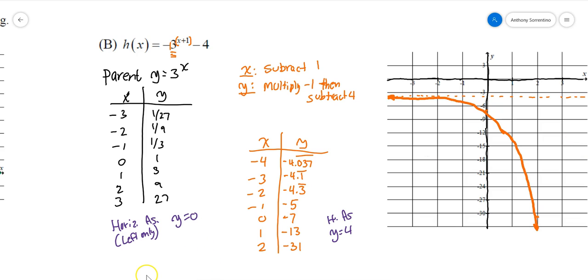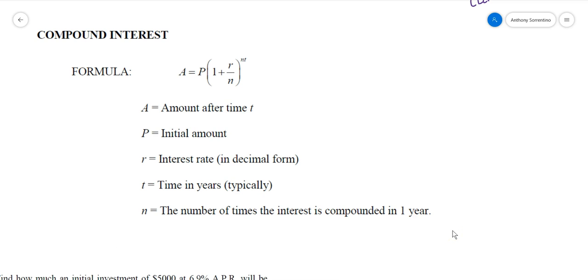The next thing we talk about with dealing with exponentials is compound interest. So let's talk about what the formula looks like, and then from that formula, what kind of things go on with it. You're going to see compound interest in this section.